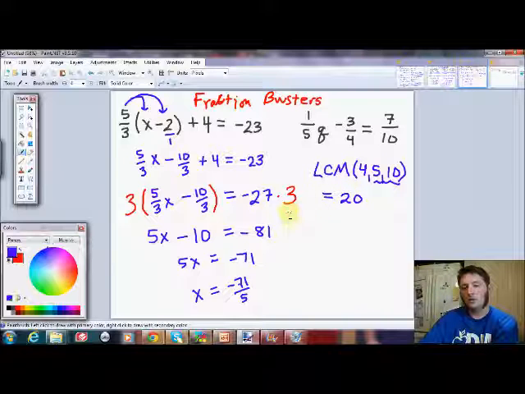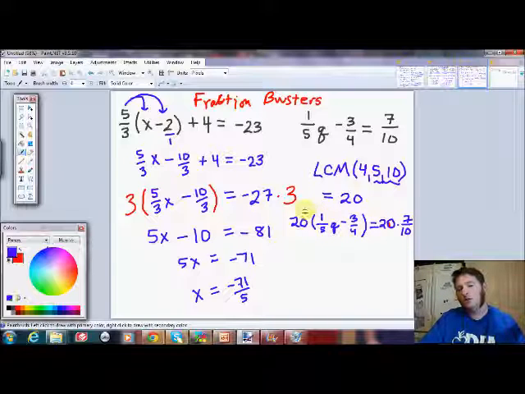And so we're going to multiply the entire problem by 20. So we'll multiply by 20 on the left. And the right. And when we distribute the 20, remember, we picked 20 because it's going to make the fractions go away.